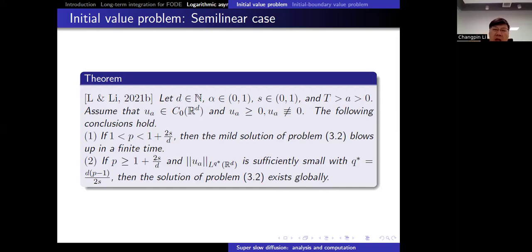If the initial value is not small enough, then a solution may blow up in finite time.